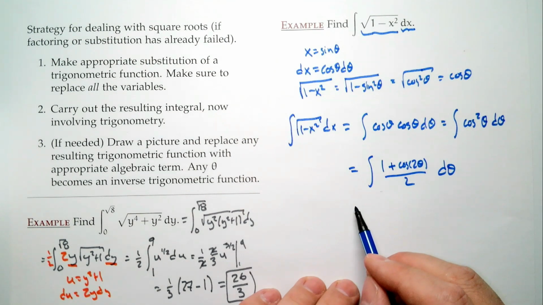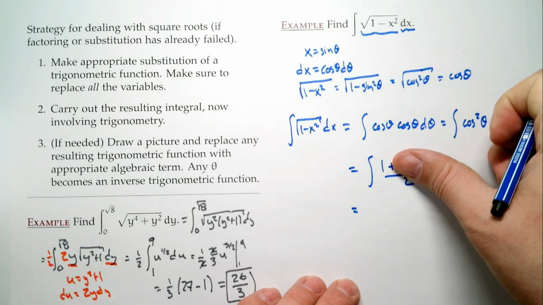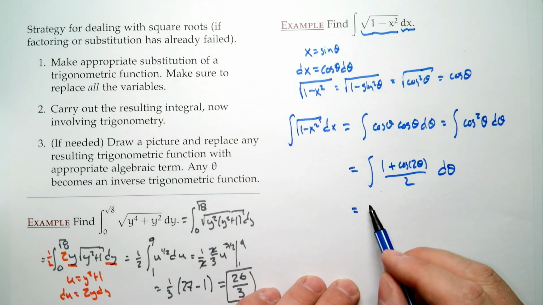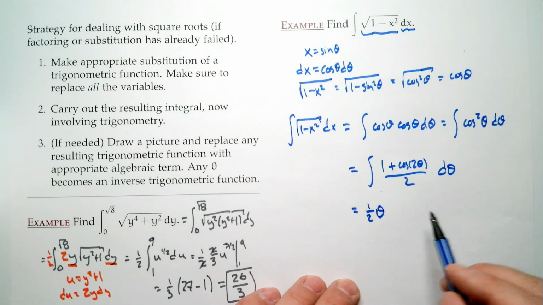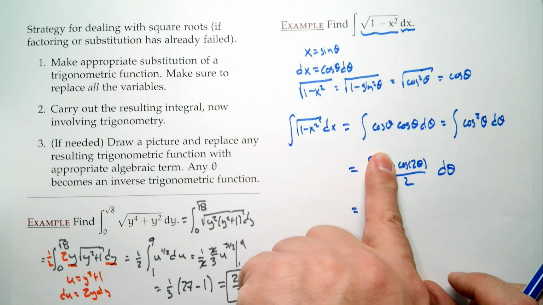The integral of 1/2 is a half theta. And then the integral of, cover up the 1, integral of cosine 2 theta over 2. What is that?